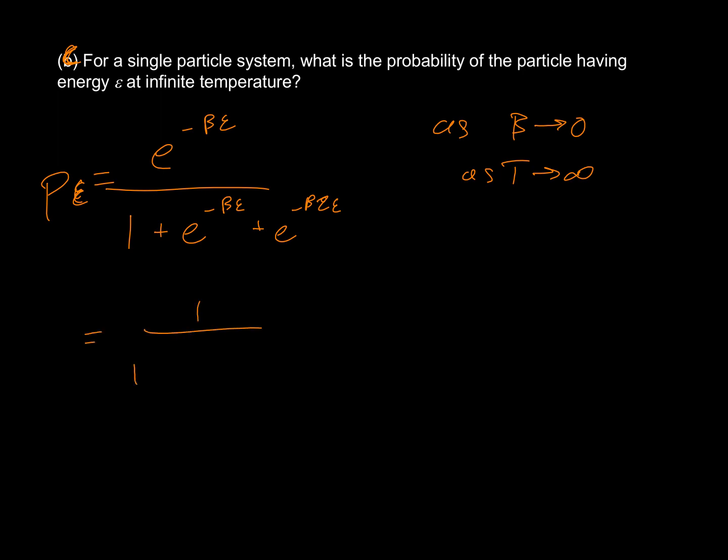This is 1 divided by 1 plus 1 plus 1, which is equal to 1/3. Right, because having infinite temperature, in the beta, basically means that this term doesn't matter. Who cares? It doesn't matter what your system is. It doesn't matter how high energy it goes. Infinite temperature is infinite temperature. So the goalpost of what we classify as infinite versus not infinite temperature, though, is going to be dependent on the particle system. Right? Can you assume it's at infinite temperature or not?